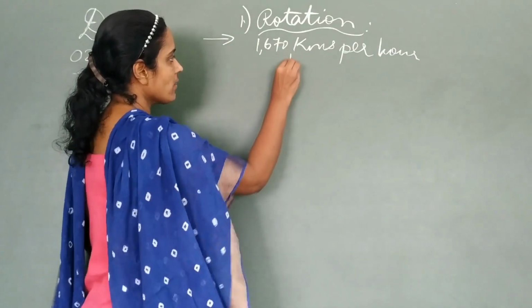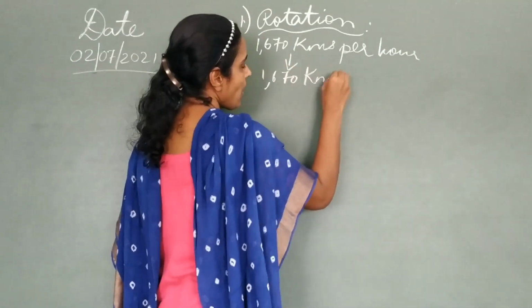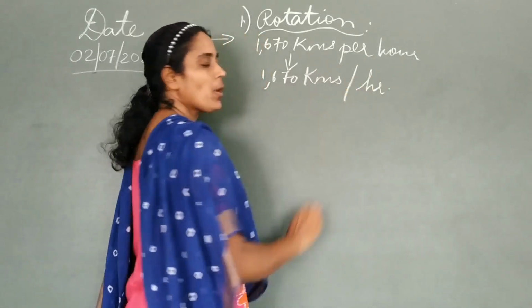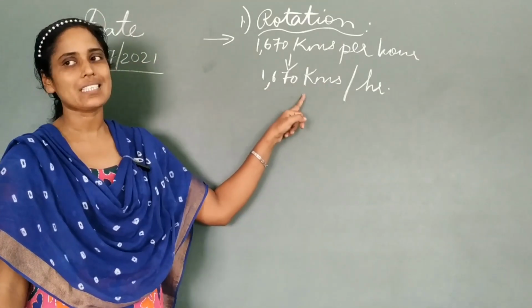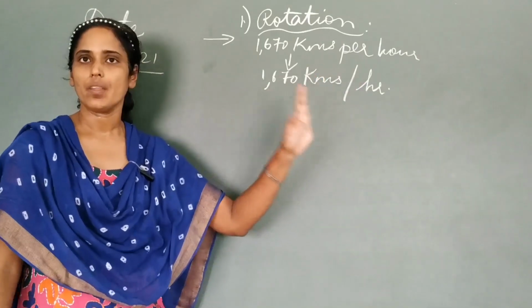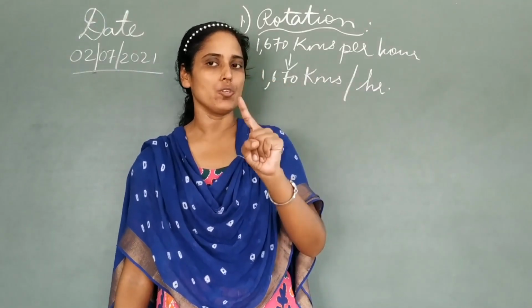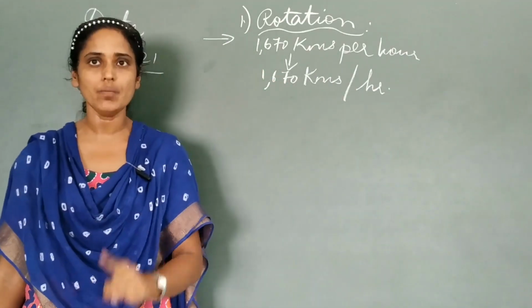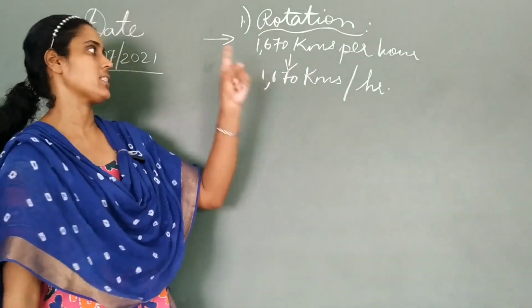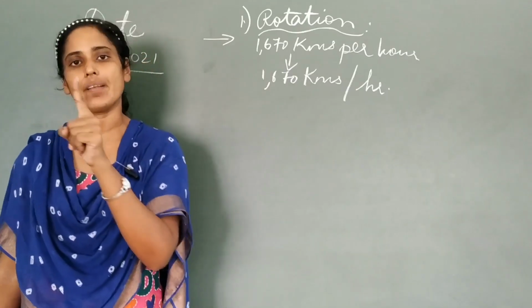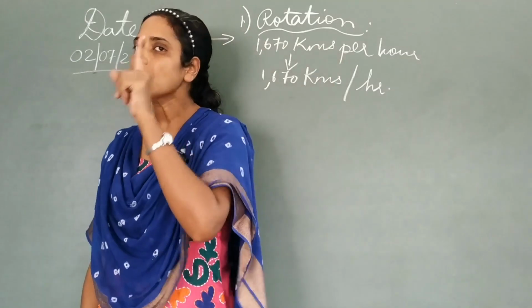So this can also be written in this way, students: 1670 kilometers per hour on equator. This is the single rotation which the Earth completes in one single time, at 1670 kilometers per hour on equator.